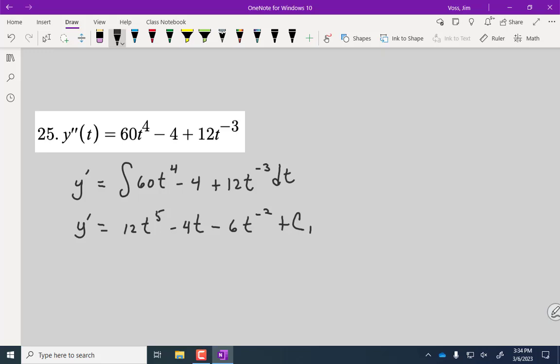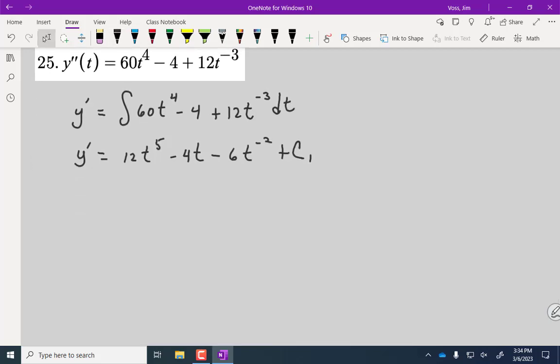So we just integrate a second time. Integrate. So if we integrate both sides, we will have that y prime becomes the integrand over here.